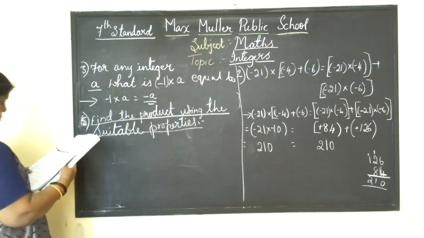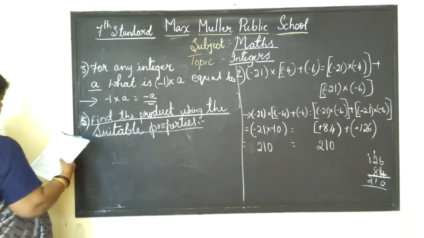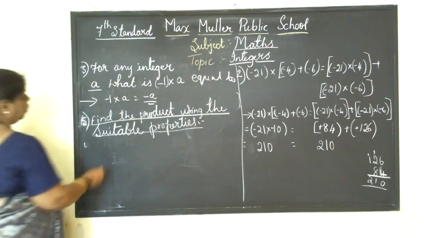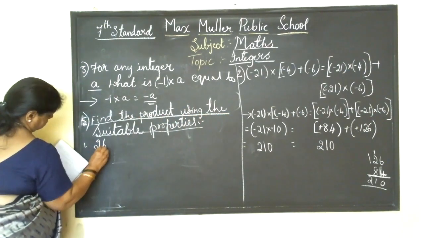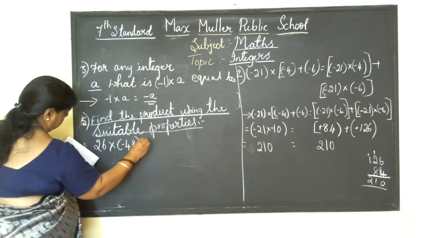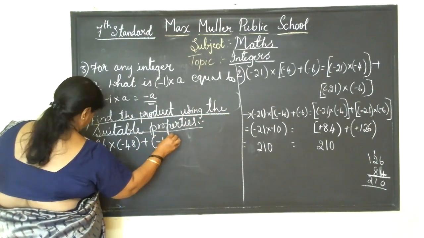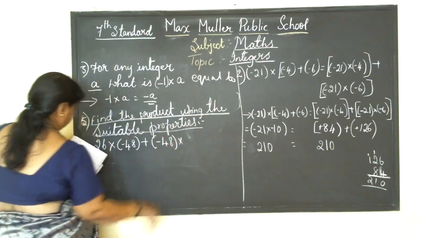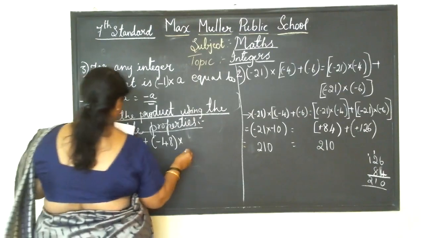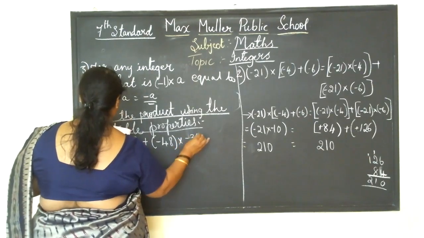First one. 26 into minus 48 plus minus 48 into minus 36.